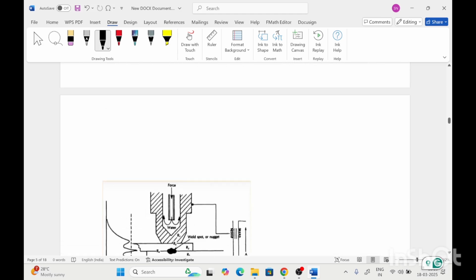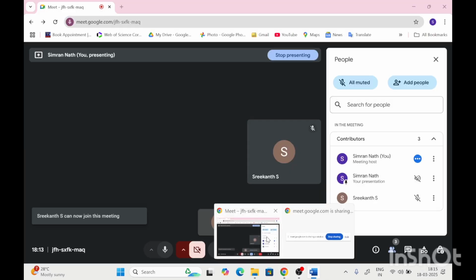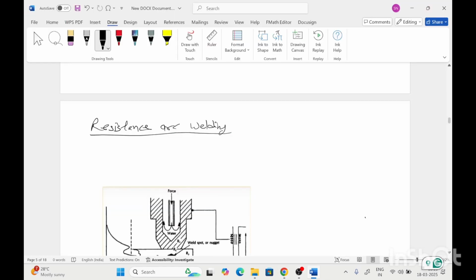Next is resistance welding. The basic principle of resistance welding to generate heat is joule heating.